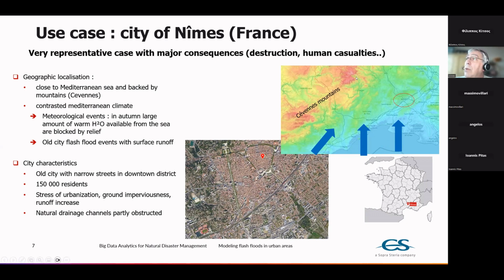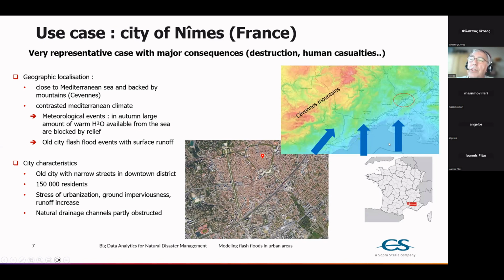And what's very important, just in the back, you have what we call the Cévennes mountains, which is the edge of the Massif Central in France. Not very high, but high enough. And what happens during the autumn, mainly autumn, is a meteorological phenomenon.